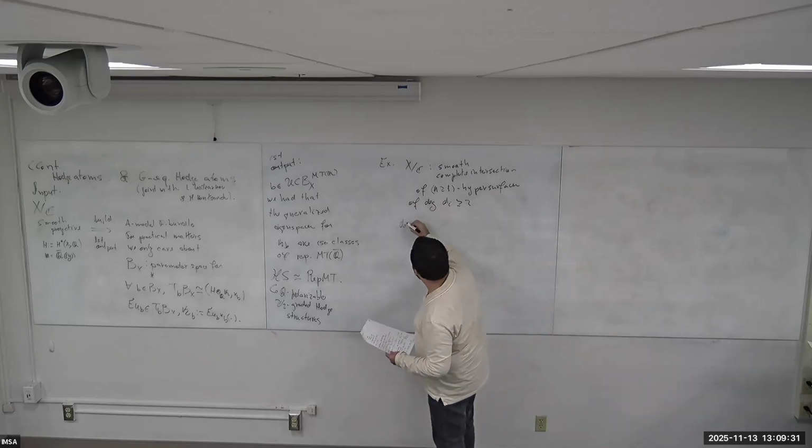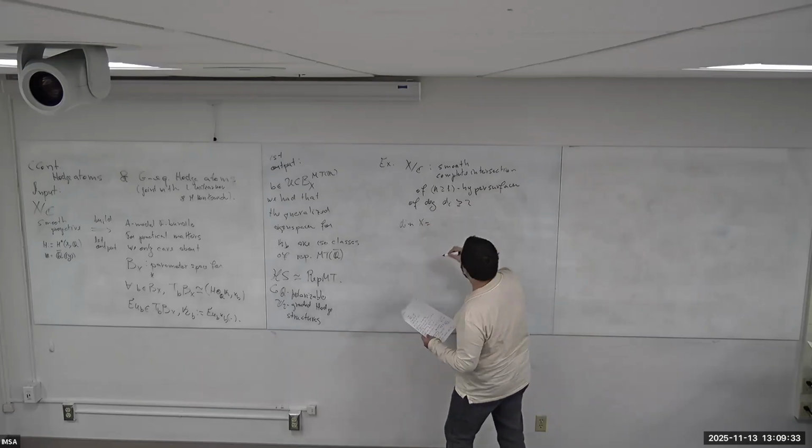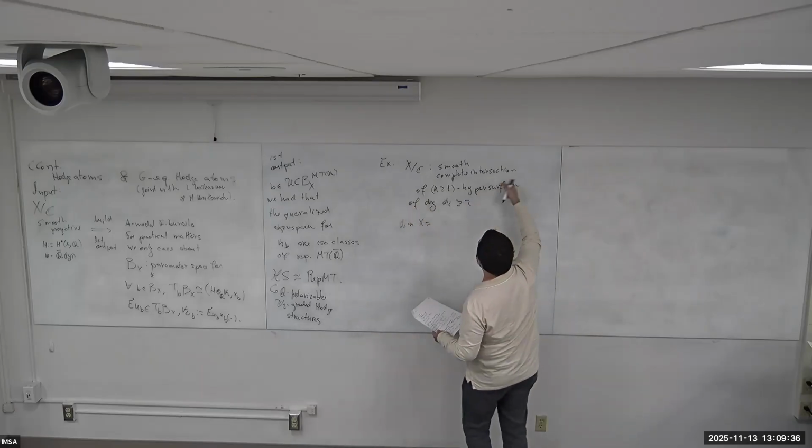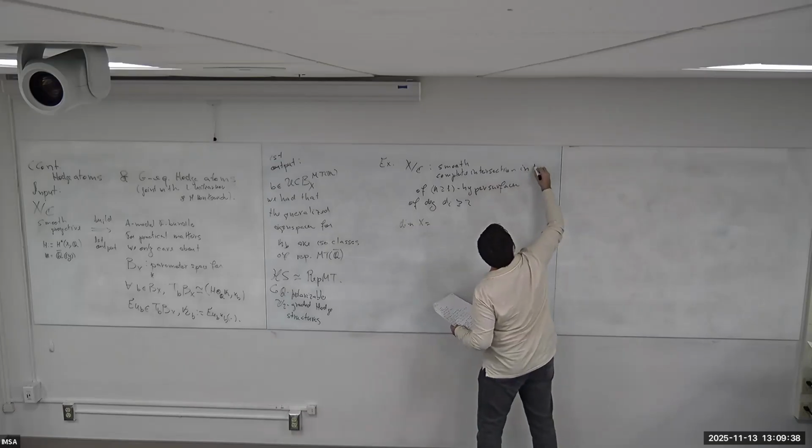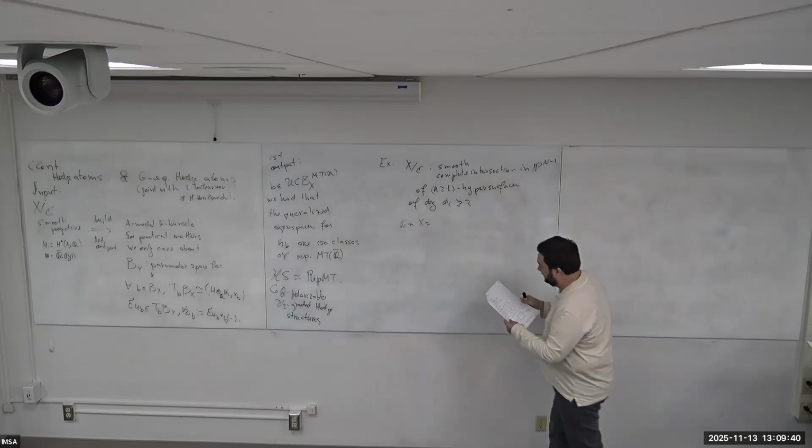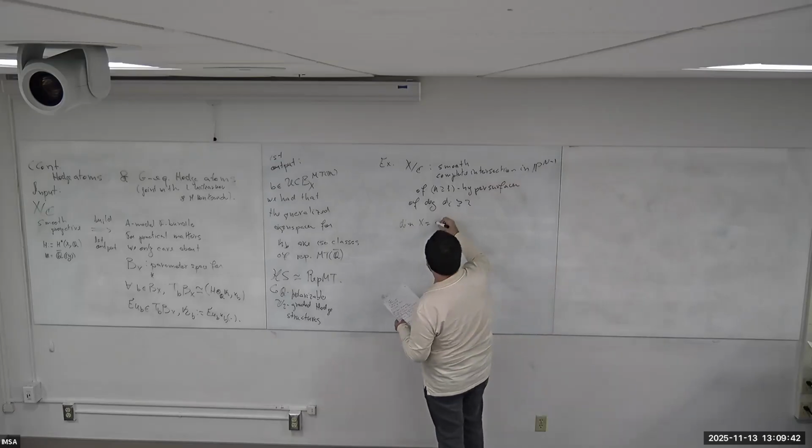So the dimension of X, we know that. So complete intersection in P^(n-1). The dimension is n minus 1 minus K.